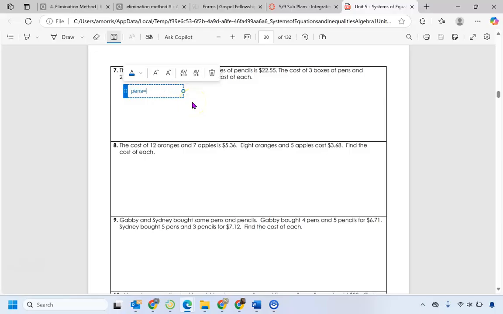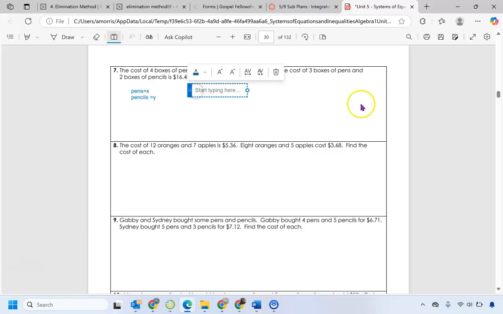This is about pens and pencils. So we're going to let the pens be the X, and then the pencils be the Y. Okay. It says 4 boxes of pens, so that's going to be 4X, and 3 boxes of pencils, which is 3Y, equals $22.55, okay?